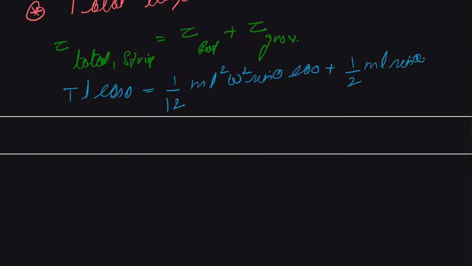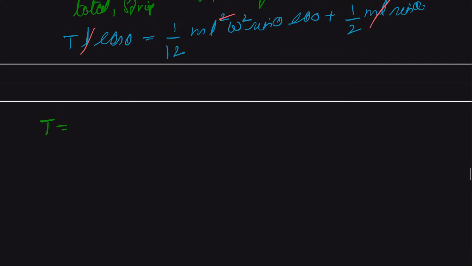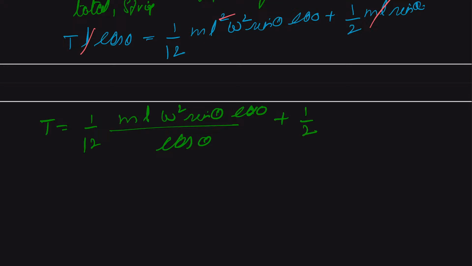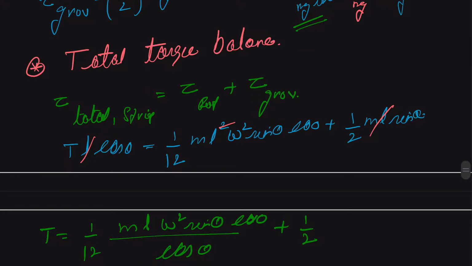And here this length cancels out throughout, and we can simply solve it for our tension because that is our required. So we can say tension T will be equal to 1 by 12 ml omega square sine of theta cos of theta divided by cos of theta, plus 1 by 2, and one second, I forgot one thing, that is our g is missing.